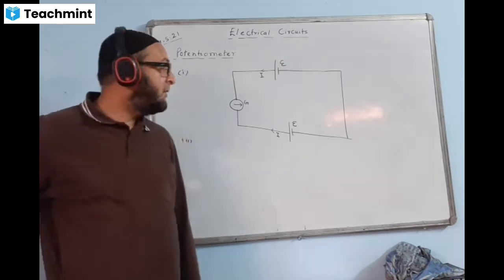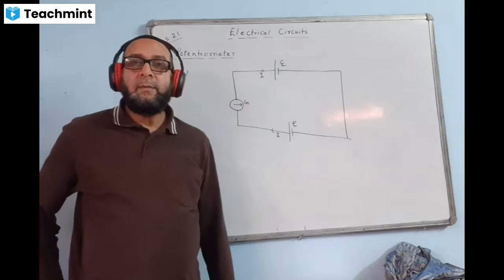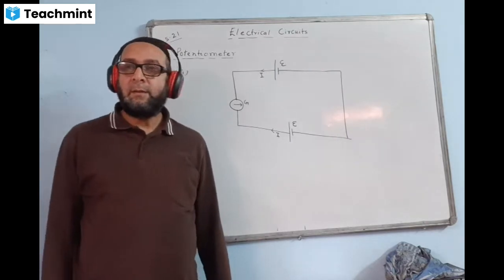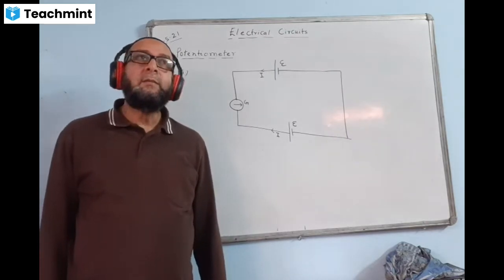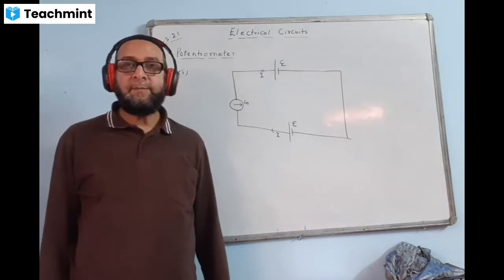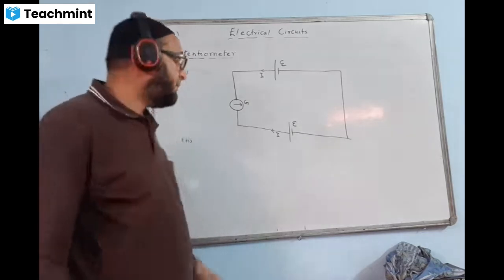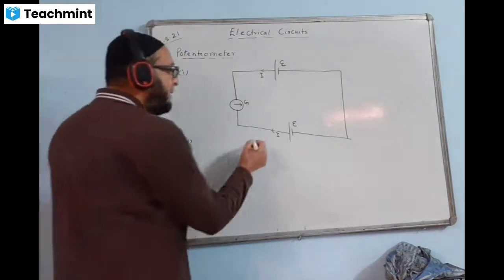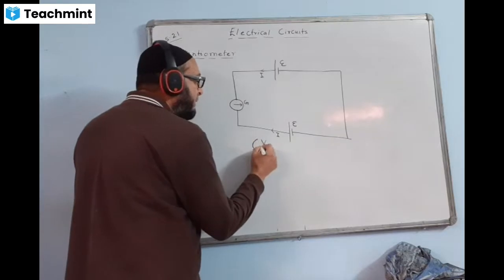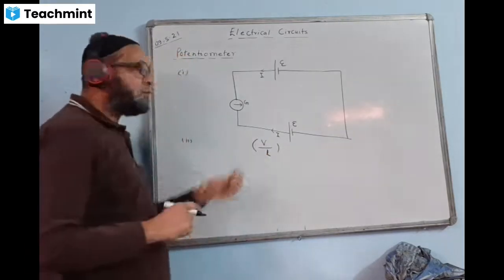Which states that the potential gradient of the wire, under bracket, potential gradient is voltage upon the length of the wire, the V by L ratio. V by L ratio is called potential gradient.